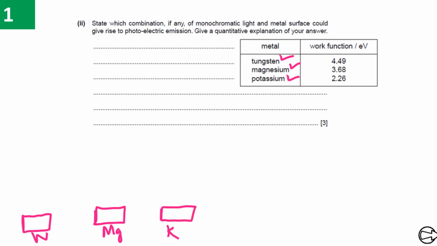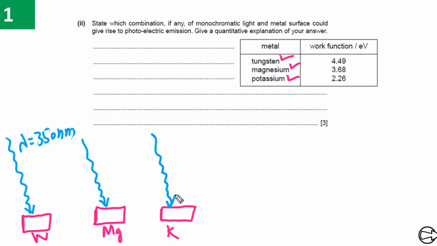And we have 2 different types of light. Let's say the first light is this. We shine this light on all these metals and its wavelength is given, equal to 350 nanometers. We shine this light on all these 3 different metals.